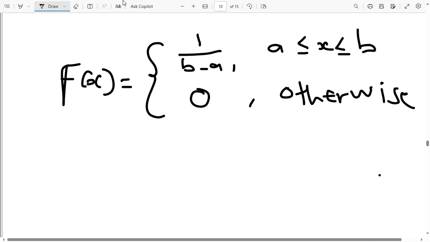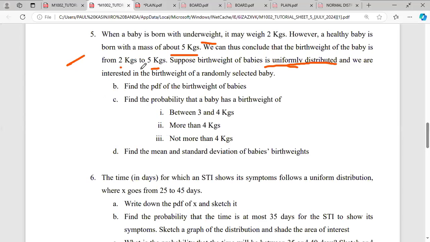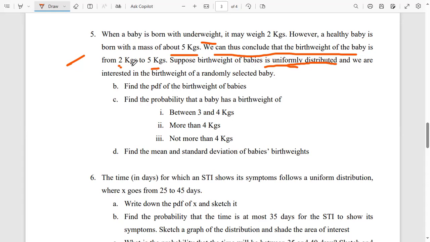Let's now find what we've been given here. They're saying we can thus conclude that the birth weight of the baby is from 2 to 5. So our a in this case will be 2, and our b will be 5. And they're saying find the PDF of the birth weight of these babies.